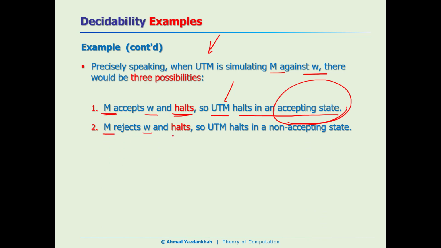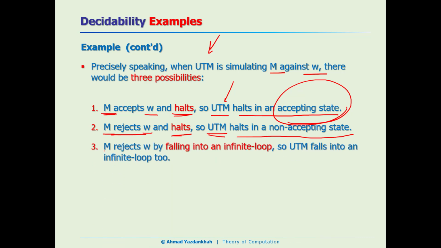In this case, the UTM halts in a non-accepting state. So this is the first kind of rejection, that machine really halts in a non-accepting state. So in this case, the UTM should halt too. But the third possibility is M rejects W, but in this case, it falls into an infinite loop.